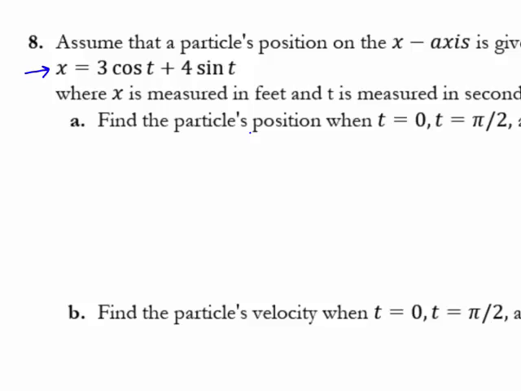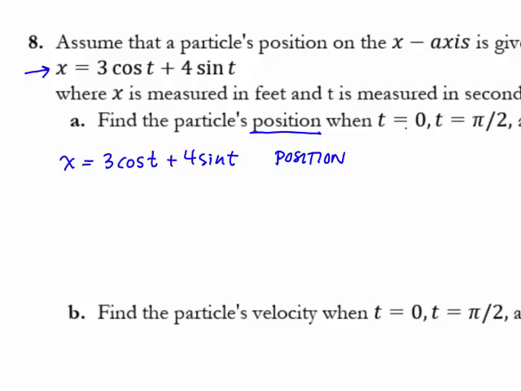We can find the position when t equals 0, pi over 2, or any value that we would like. So position just happens from this position function. x equals 3 cosine of t plus 4 sine t gives us position.